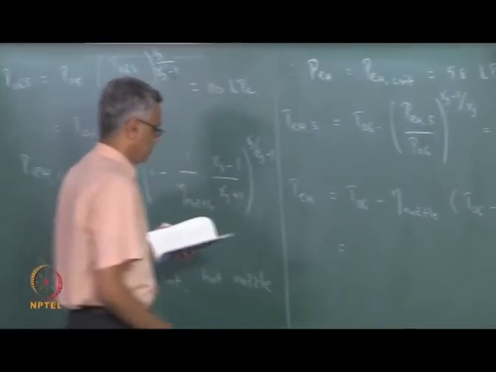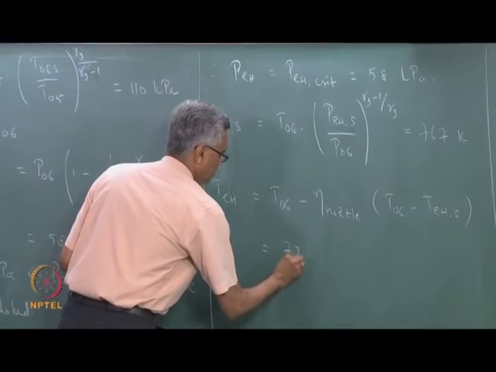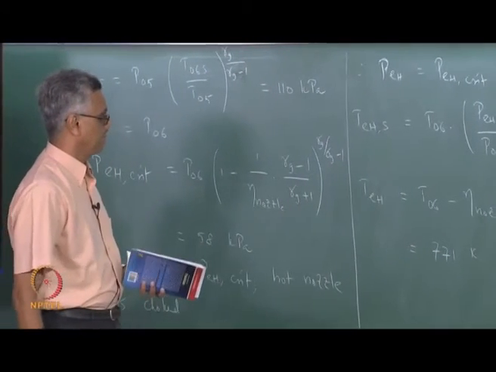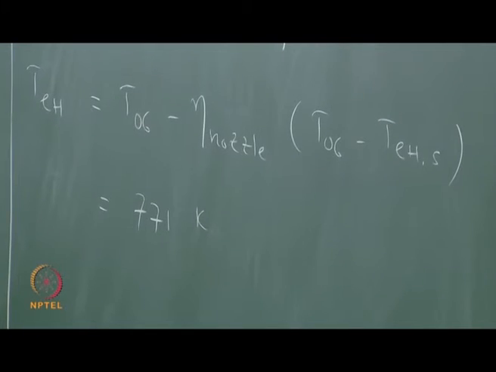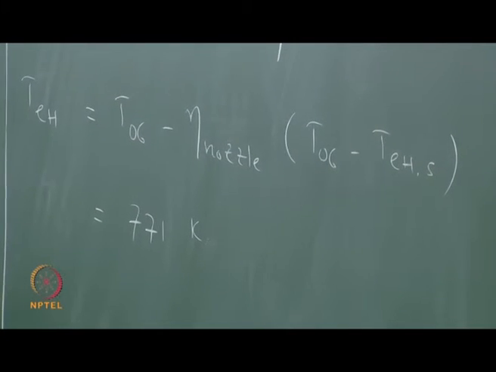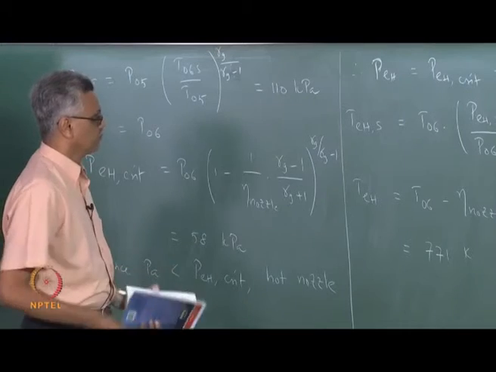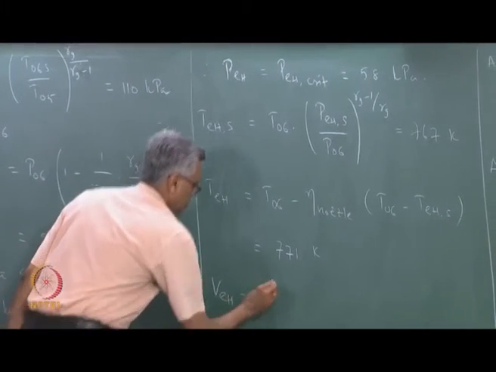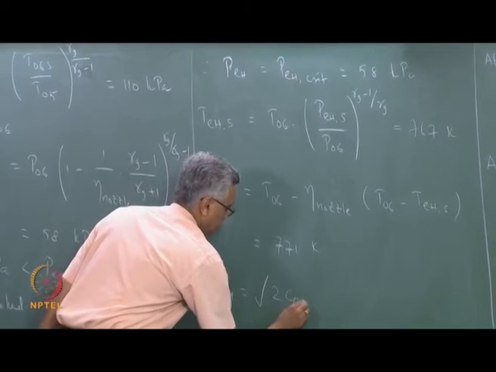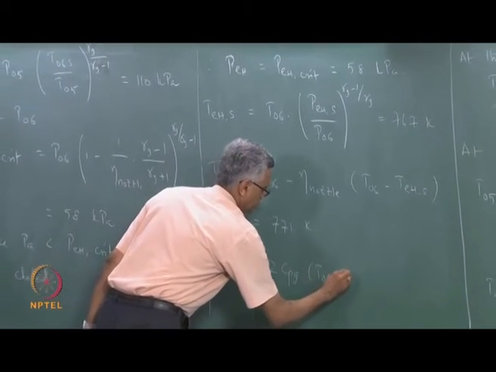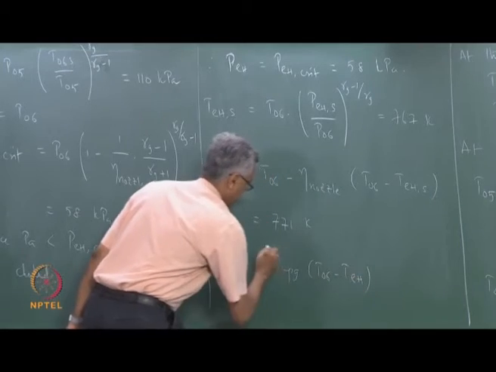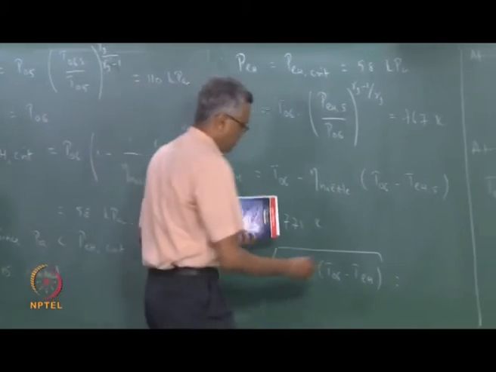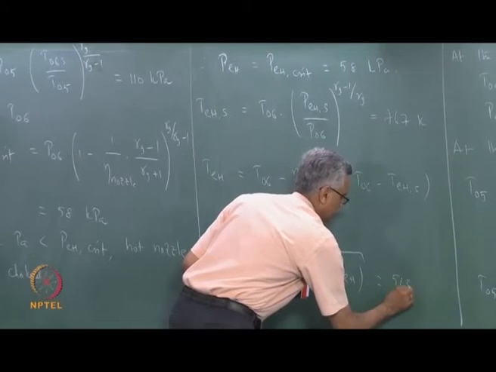So the exit static temperature, if you substitute the numbers, comes out to be 771 Kelvin. And now I can calculate the exit velocity VEH is equal to square root of 2 times CPG times T06 minus TEH, and this comes out to be 543 meter per second.